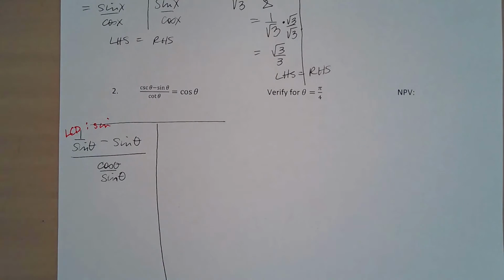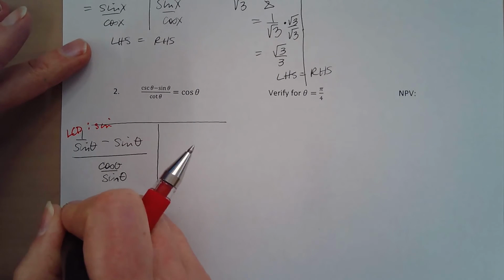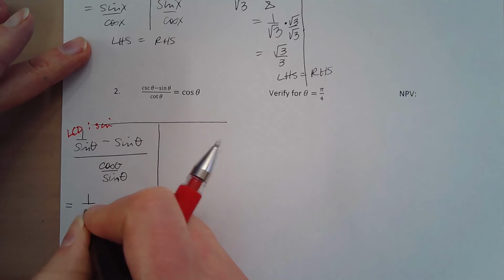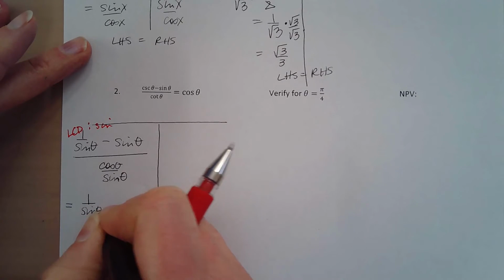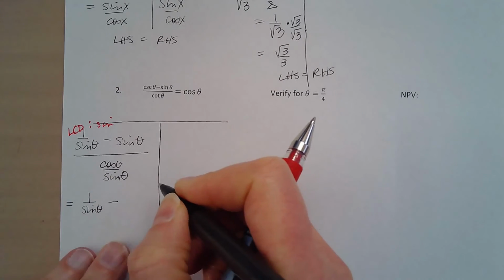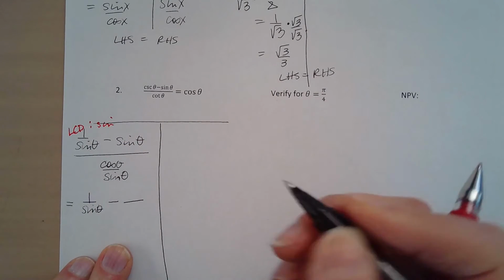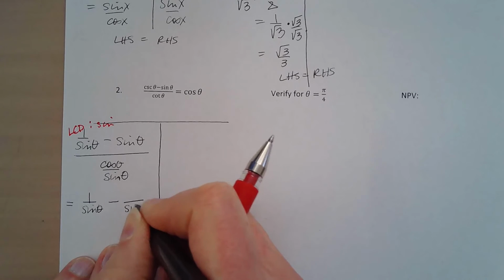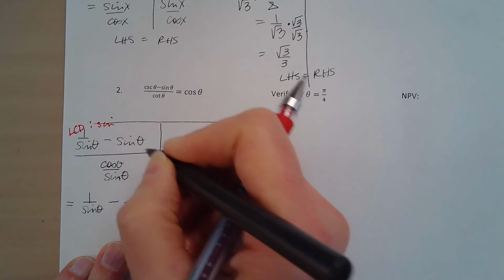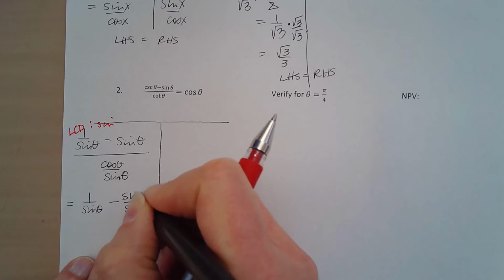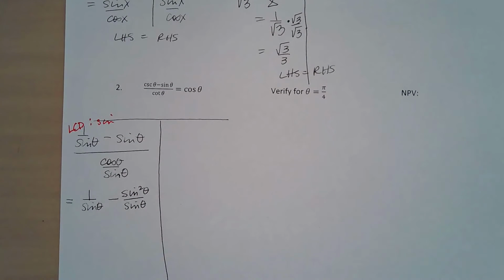Agreed? Okay, so what do I have here then? I'd have a 1 over sine minus, if the old denominator was 1, so if I want to make my new denominator sine, I have to multiply the top by sine as well, and I get a sine squared. Agreed?